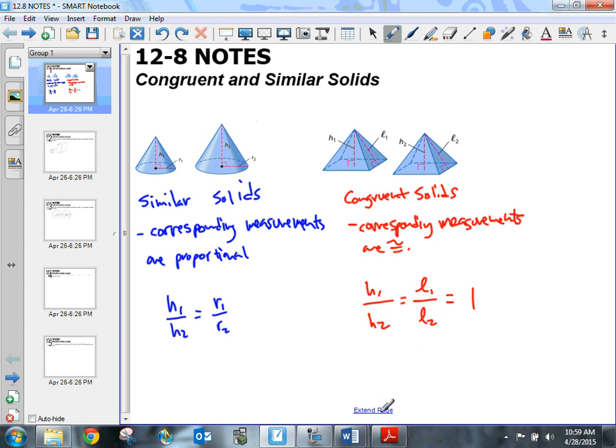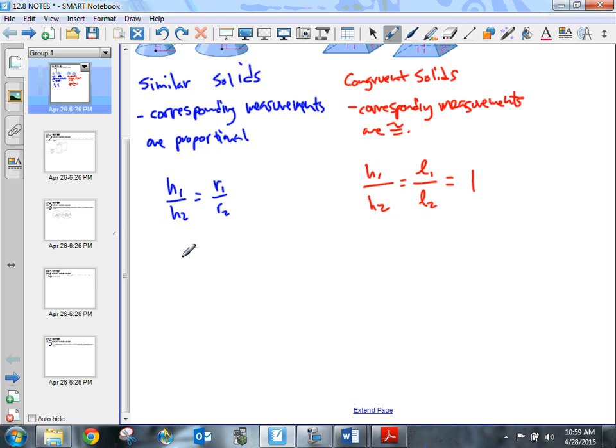The one thing I do want to talk about, and you'll need to write this on the right side, is similar solids.